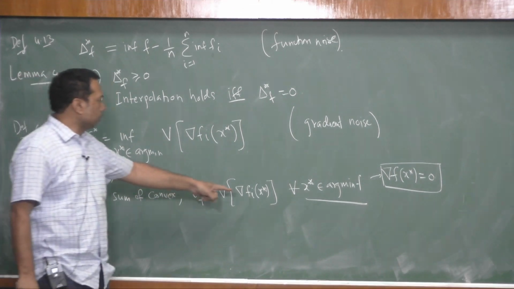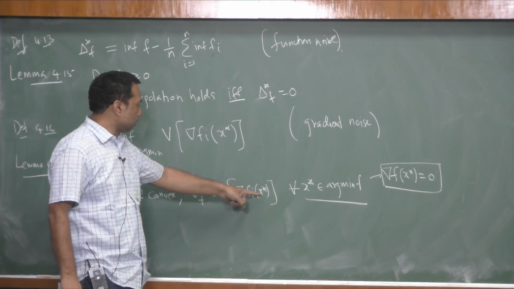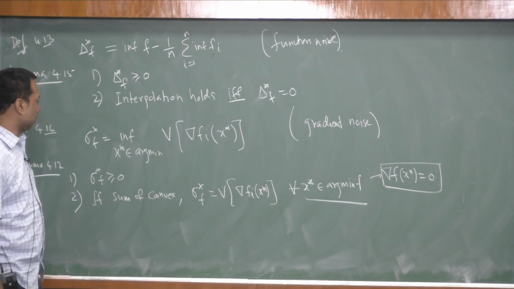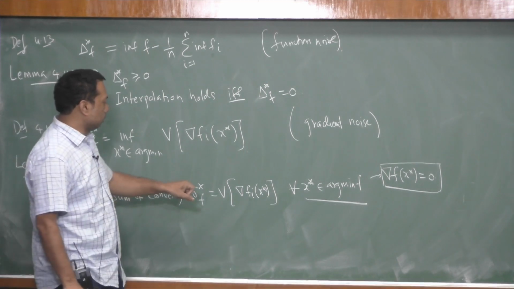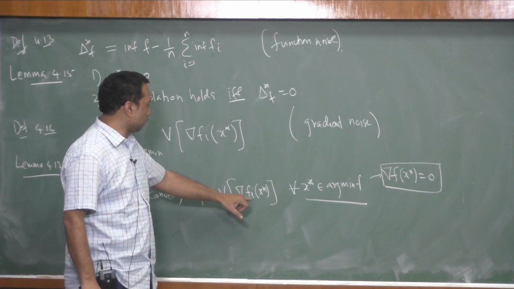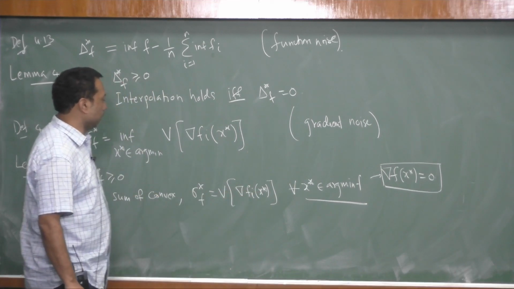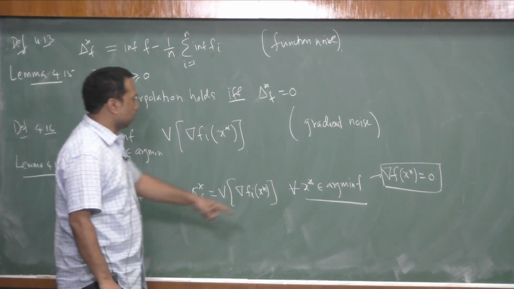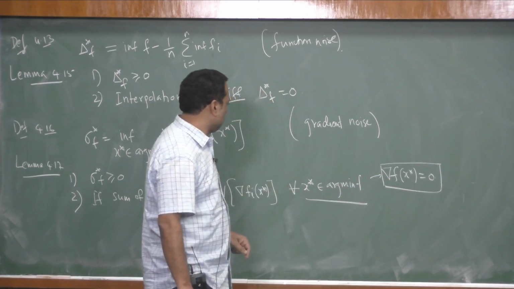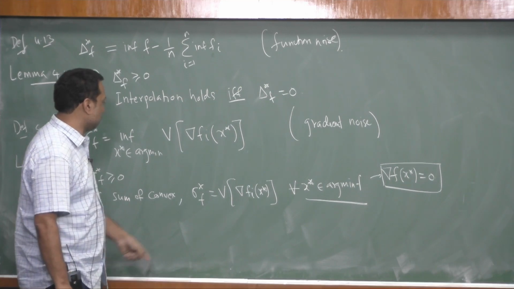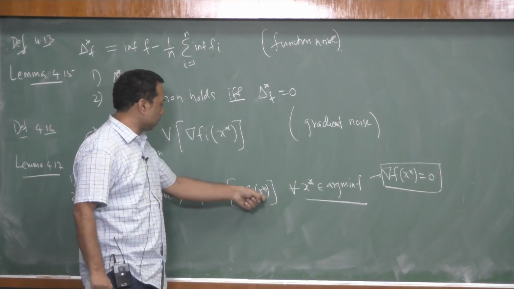If this is 0, then x star will interpolate all of the fi, because the fi's are convex. Obviously if these are 0, then x star is a minimizer of all fi. But that's a very special case where x star is a minimizer of f, and we want to see the variations of fi at that x star.